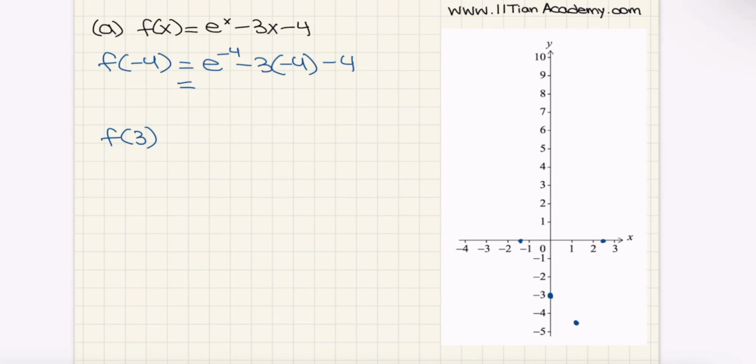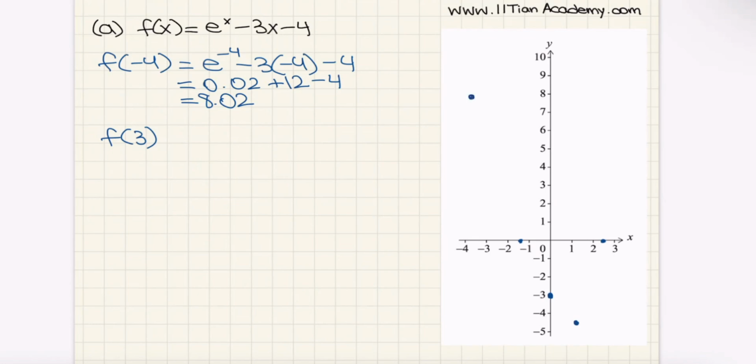So e to the power of negative 4 is 0.02, and then plus 12 minus 4. So that's going to be 8.02. So basically right around 8 for that value. So negative 4 and then approximately 8.